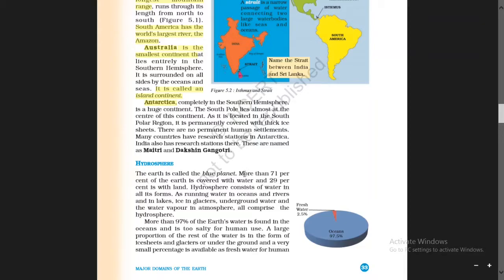Astronauts who went into space, when they saw our Earth from space, said it looks blue because the maximum part of the Earth is covered by water, and that is why the Earth is called the blue planet.